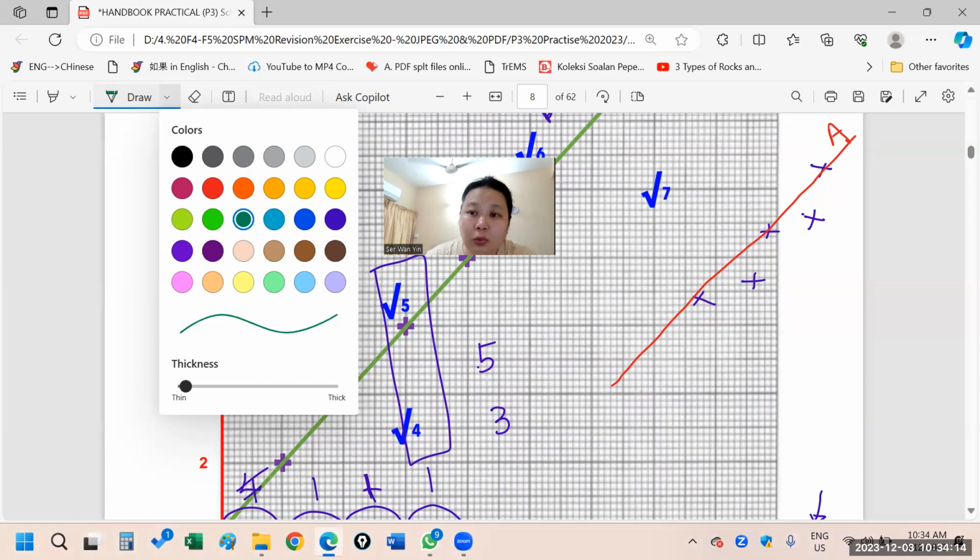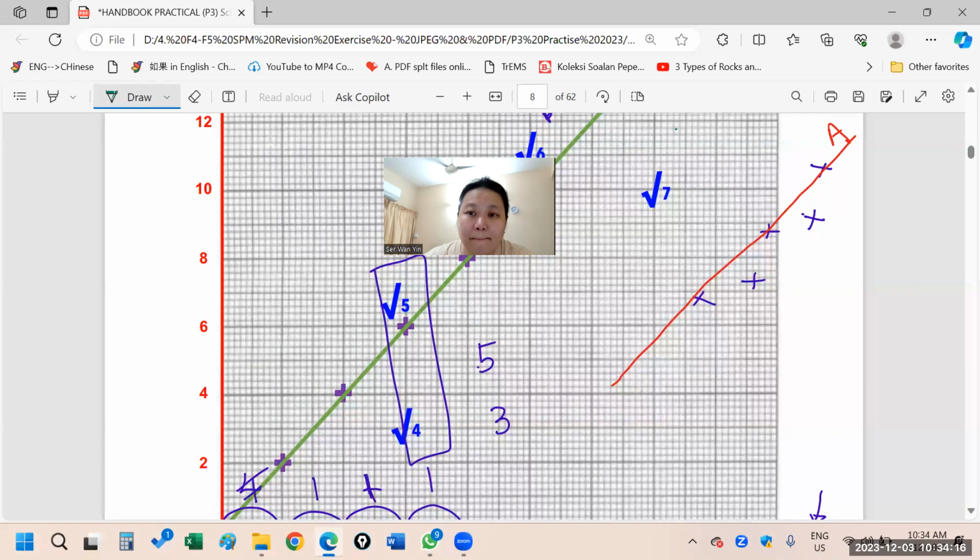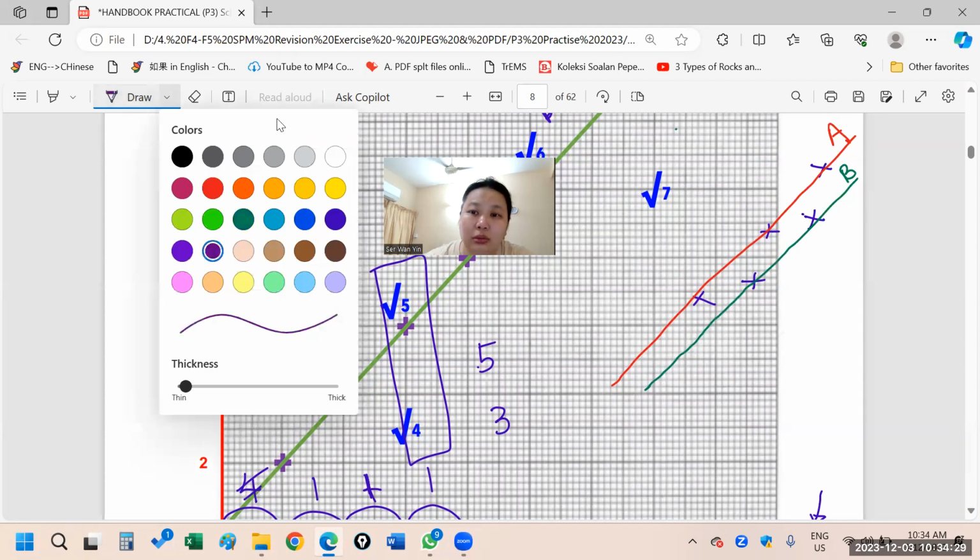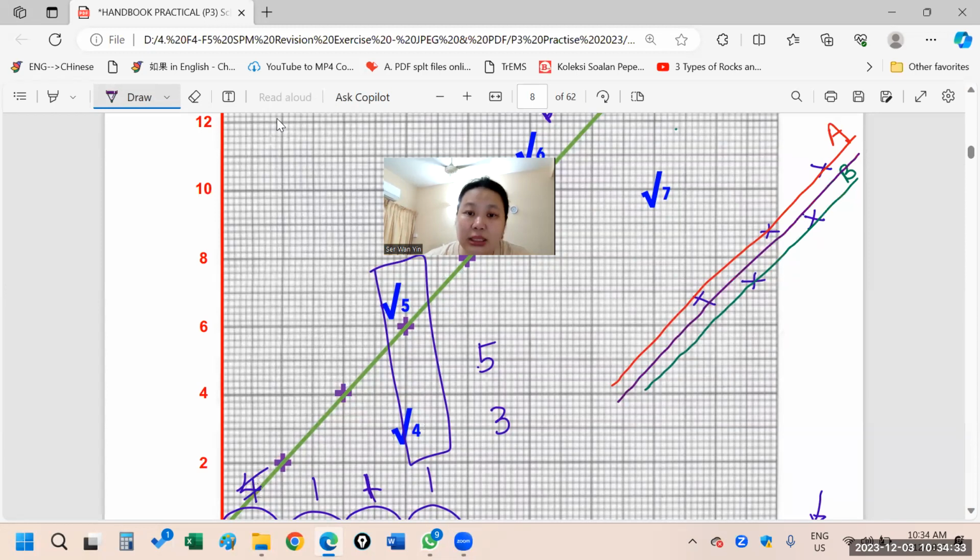Yes or no? No. Do you think B is best fit line? No. Do you think C is best fit line? Yes. Even though it does not pass any data, it's balanced.